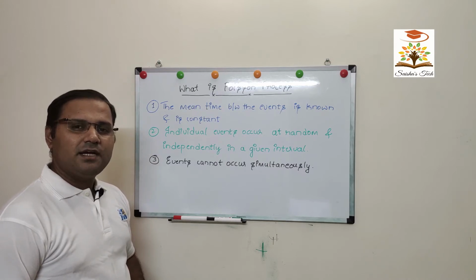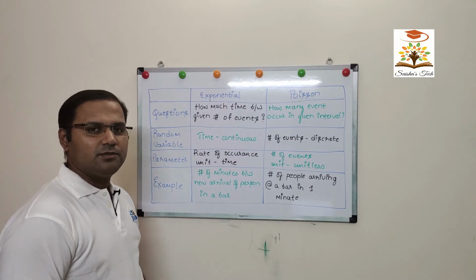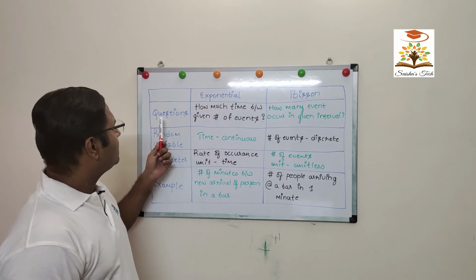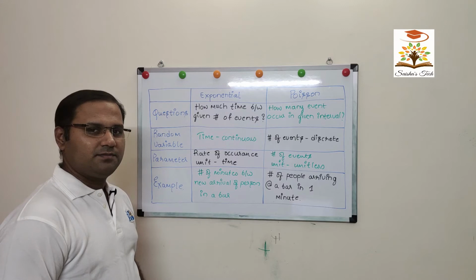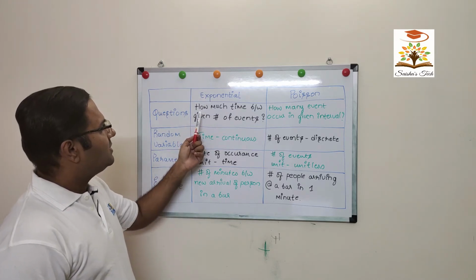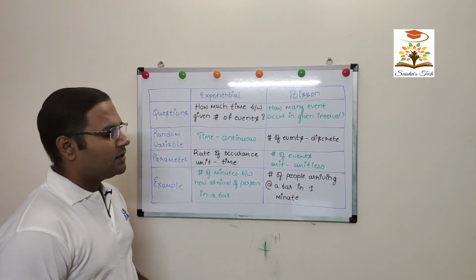Now, let us compare Poisson's distribution with exponential distribution and understand them in depth. For comparison, let's ask the first question: why is exponential or Poisson's distribution used? Exponential distribution is used to understand how much time passes between a given number of events.